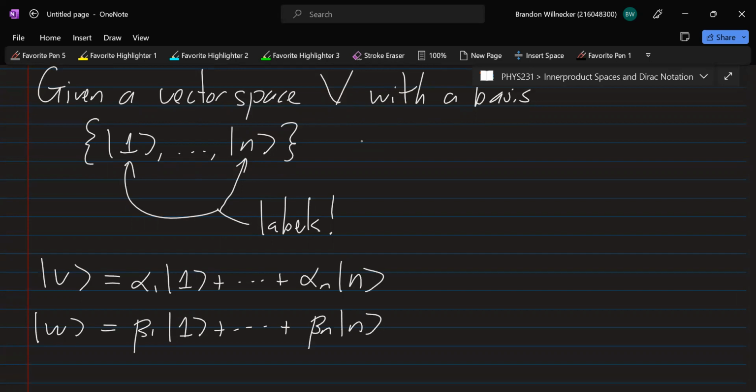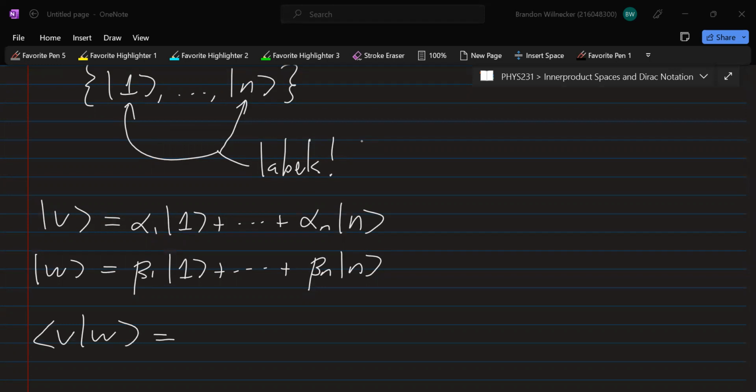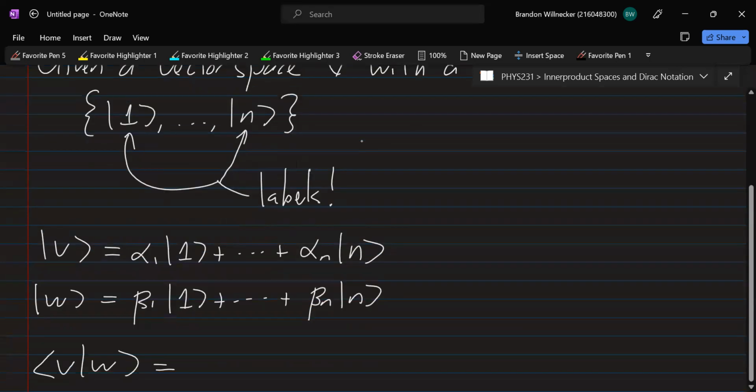Okay, so let's take the inner product of v with w and see what we get. To do that, we need v as a bra, but note that we had v as a ket. So we need to use the dagger operation to convert it from a ket into a bra.